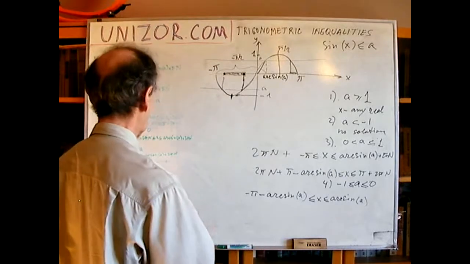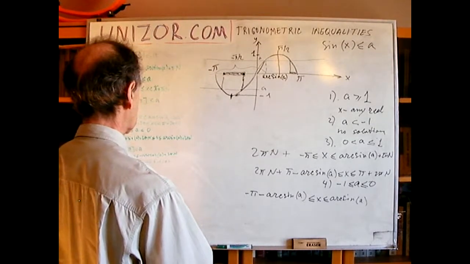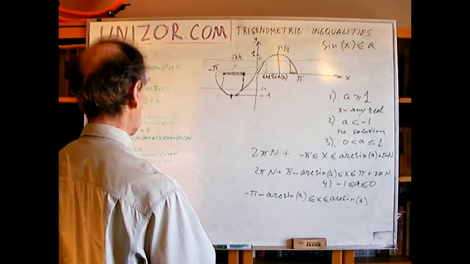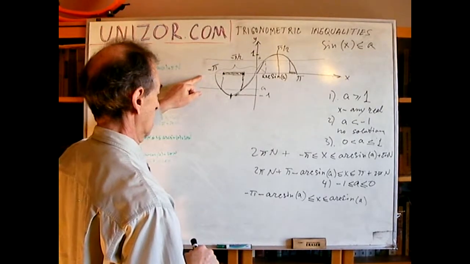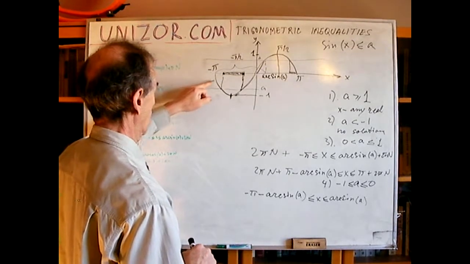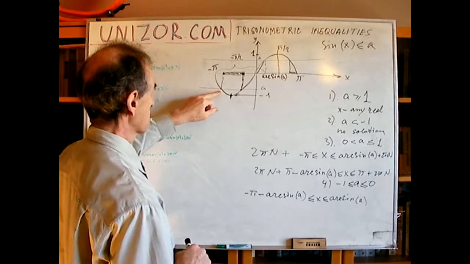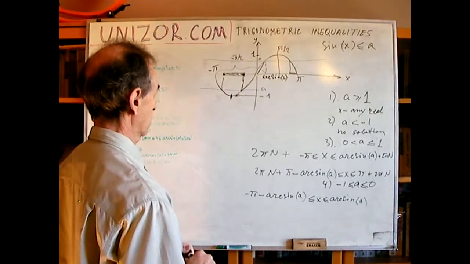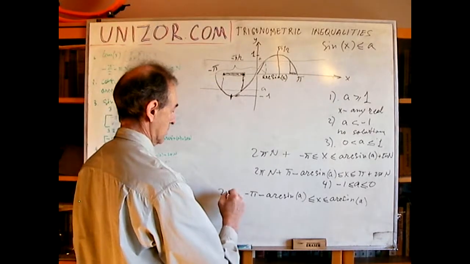So that's the solution. From minus pi minus arc sine, that gives me this point, and this is arc sine, this is this point. And again, I have to add 2 pi n in both cases.